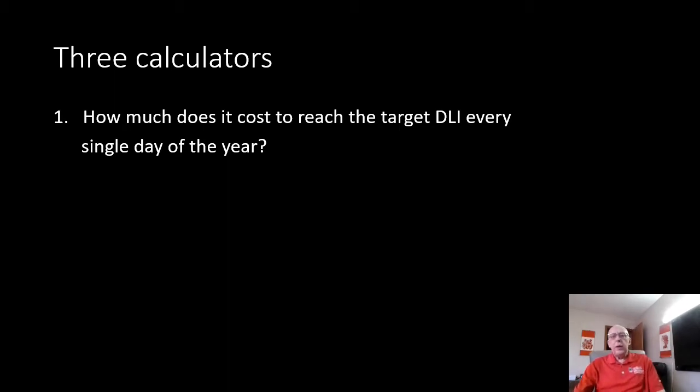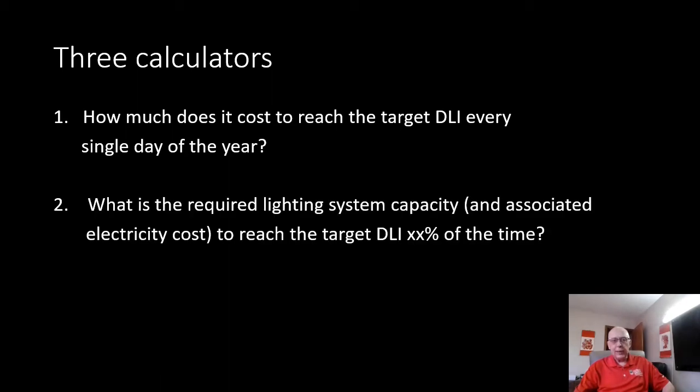And so to make the calculator hopefully more applicable to your situation, we developed two other calculators that are based on this first calculator. Our second calculator allows you to enter basically how many days of the year, or what percentage of days of the year, you want to be able to reach your target daily light integral.